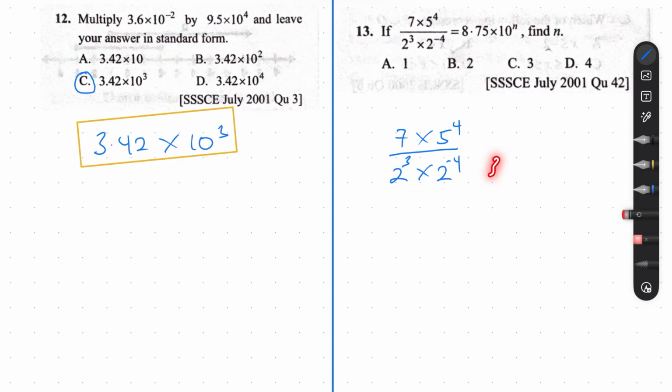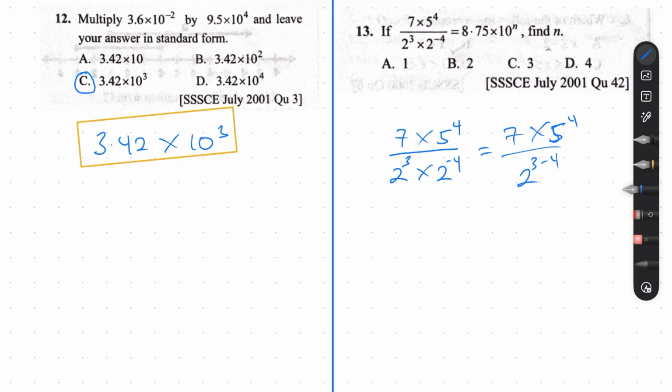So we are going to have 3 plus negative 4, which is the same as 3 minus 4, which is going to give us 2 exponent negative 1, right? Okay, so we have 7 times 5 exponent 4 over 2 exponent 3 minus 4.